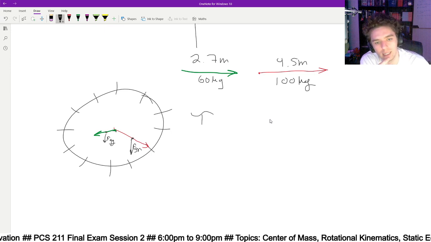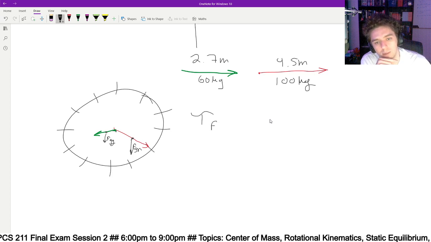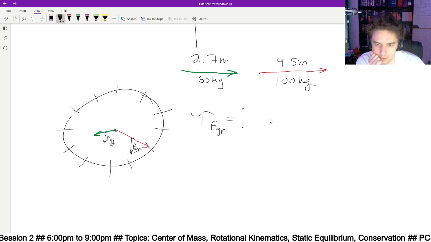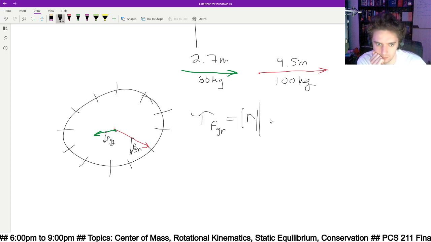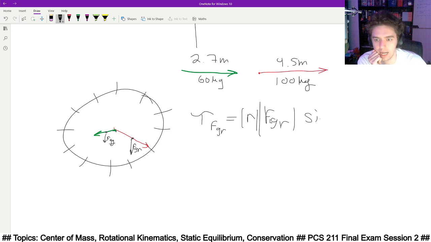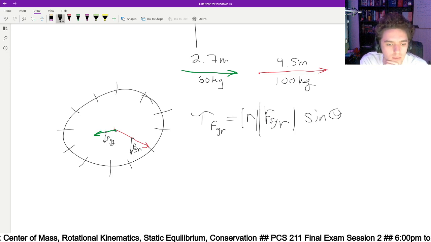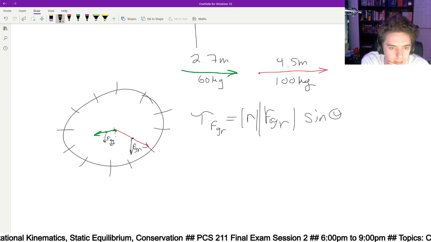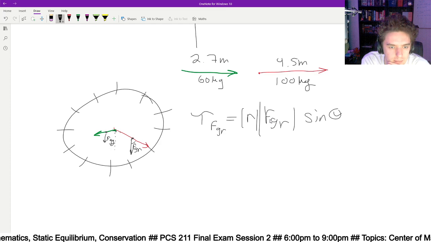So the torque caused by the force of gravity on the red one is its distance from the axis times the force of gravity on the red one times sine of theta, right? So again, if I create an imaginary line here, this theta is the same as this theta.